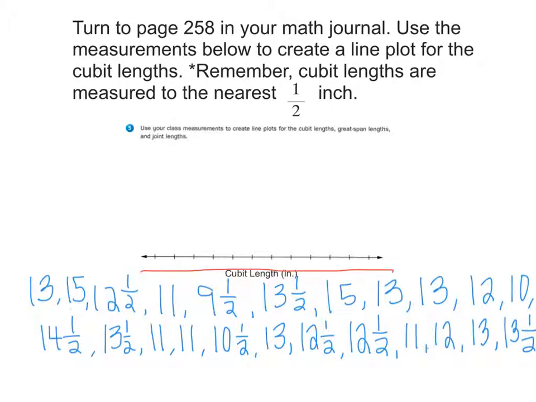Remember, when creating a line plot, you will be using X's for each piece of data that occurs in the set below. At this time, you'll need to pause the video in order to create your line plot for cubit lengths on page 258 in your math journal. Make sure that when you're finished your line plot that you have 23 pieces of data.